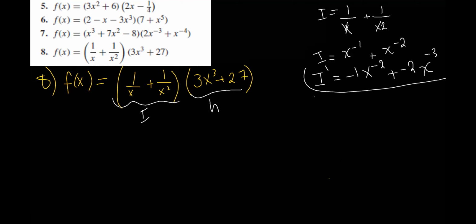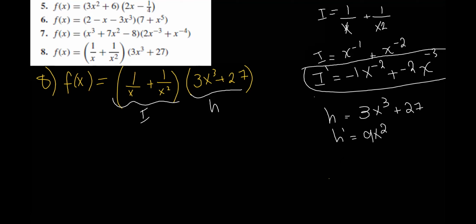This is for I prime. Then let's talk about h now. h is 3x cubed plus 27. So h prime is 9x to the power of 2, plus 0. Thank you so much, Sima.